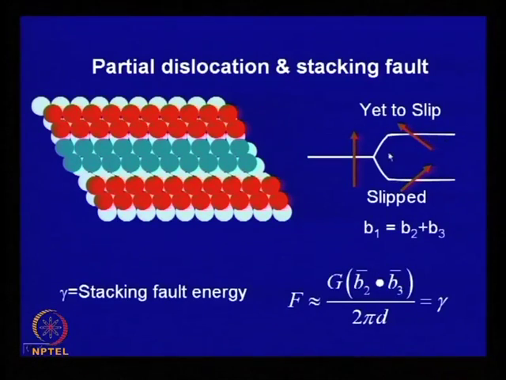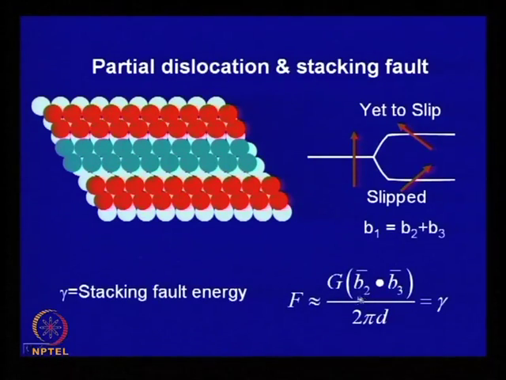It has two dimensions, length and width, and this width is the distance between the two partial dislocations. This will be very easy to calculate from the dislocation interaction. In fact, we can approximate this.